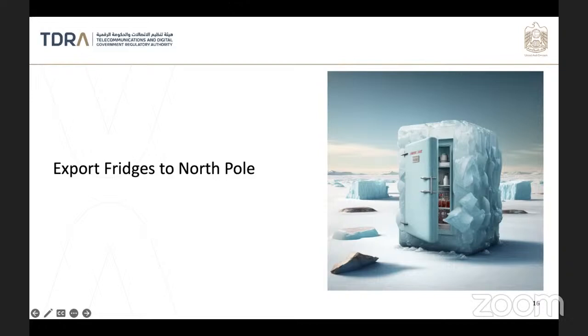So what will happen to any food at this temperature? It will freeze. Thank you, Suhaila. It will freeze. Will you be able to eat it if it is frozen?